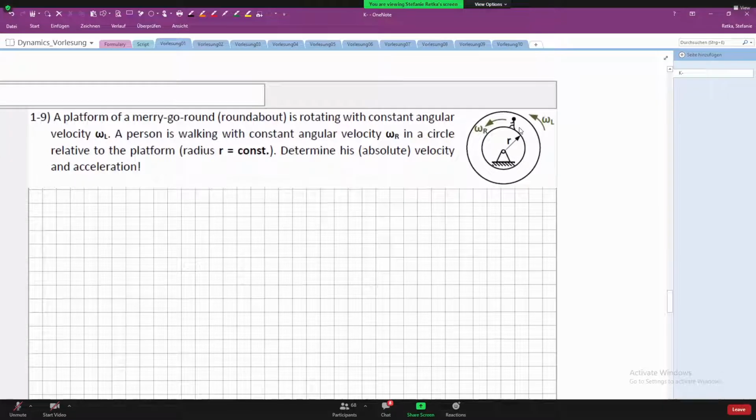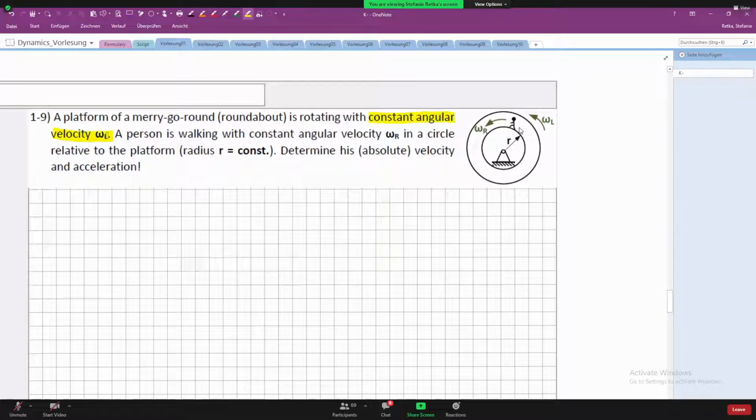And that's also an important part: you have to read the problem description carefully because there's a lot of information that helps you solving the problems. If you only have a look at the figure and start computing, you might miss information you need to obtain the solution. So, okay, here, the platform is rotating with constant angular velocity, omega L.